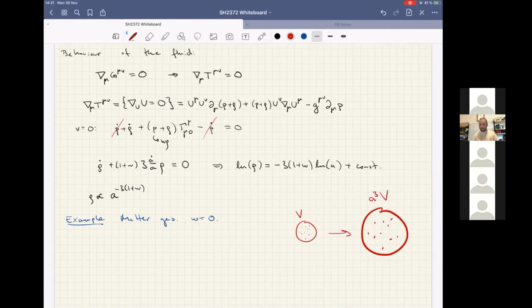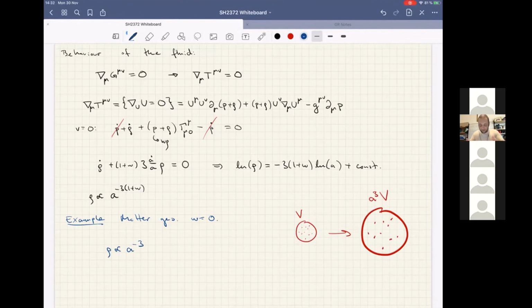Then we would expect that since all of the energy is located in the dust particles, we would have the same energy, but now in a volume which is a factor a cubed larger. And that's exactly what we see here, because the energy density now is proportional to a to the minus 3. So if we expand by a factor a lengths, volume expands to the cube, which means that energy density goes as a to the minus 3.